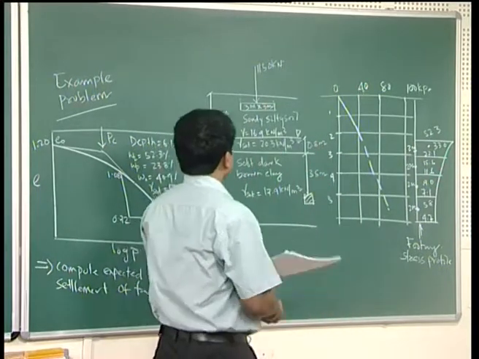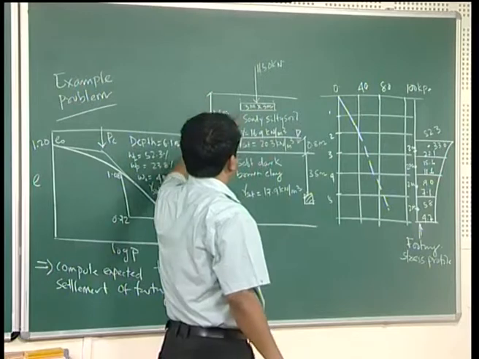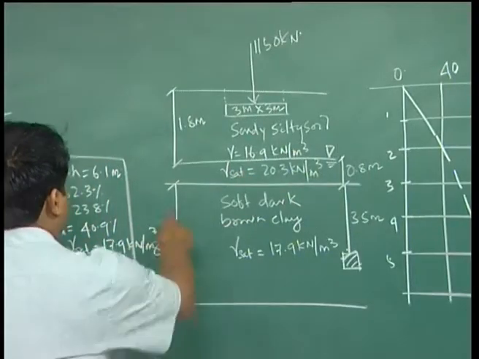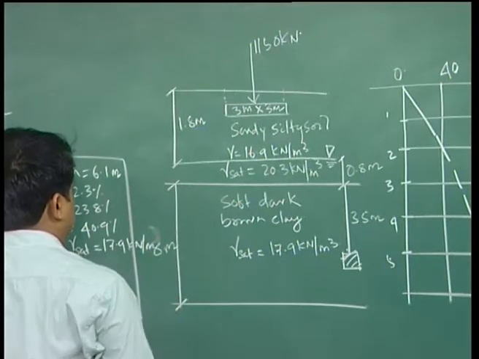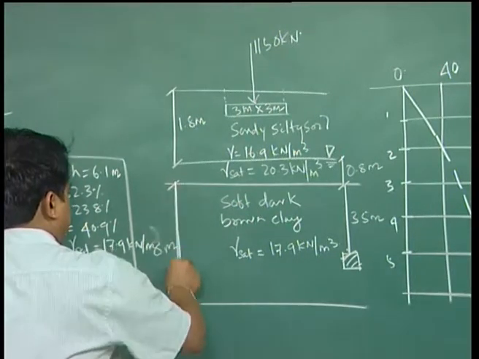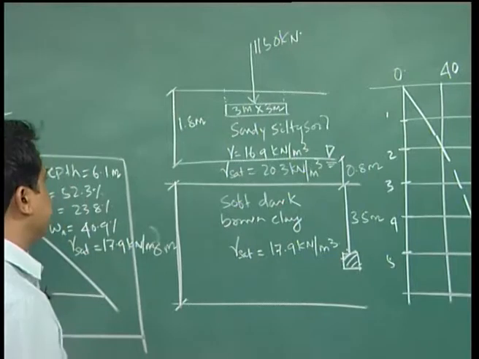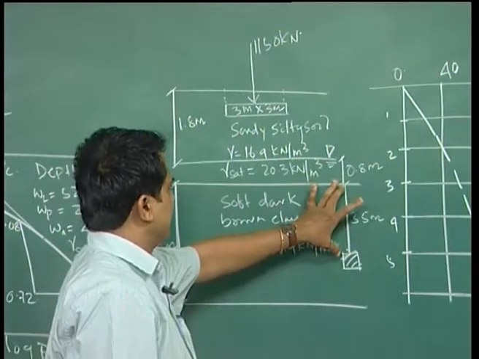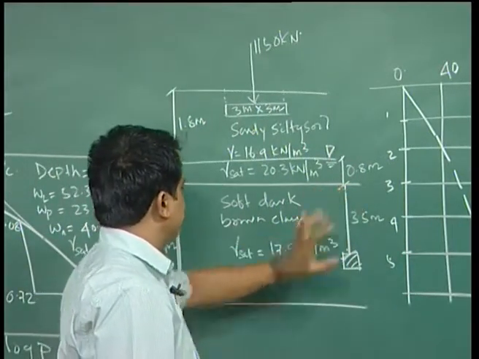Then below 1.8 plus 0.8, below this entire depth is your 8 meter, it is a soft dark brown clay and soil sample has been taken at 3.5 meter from here.